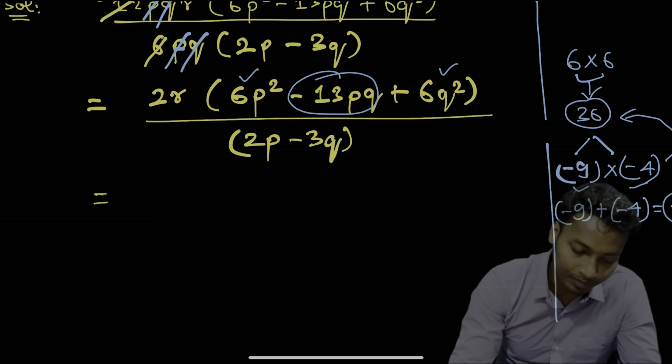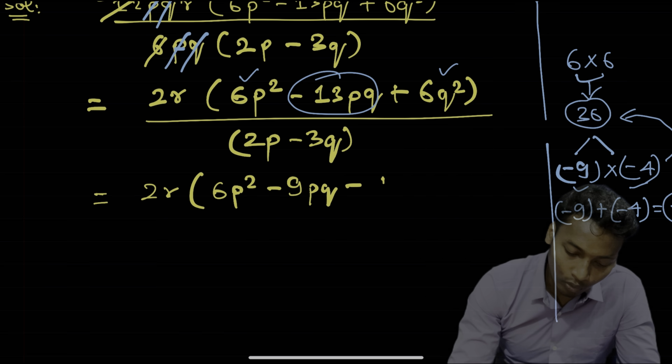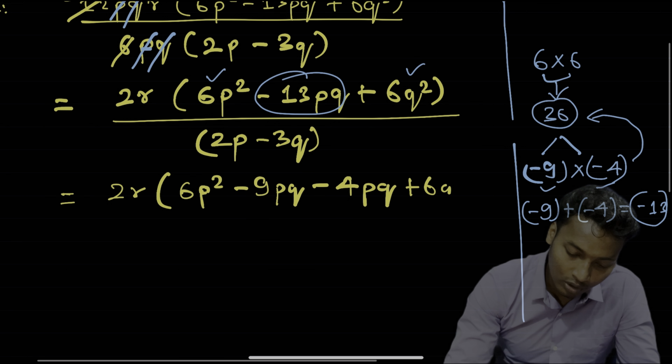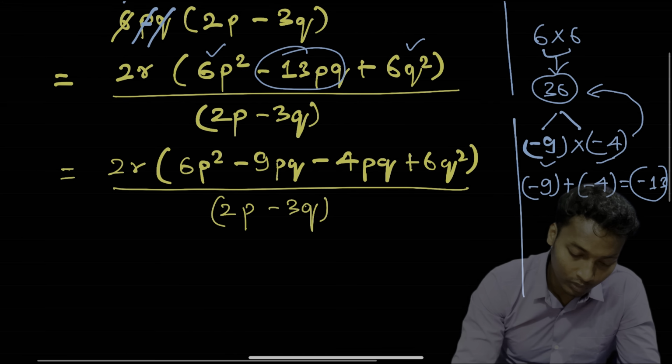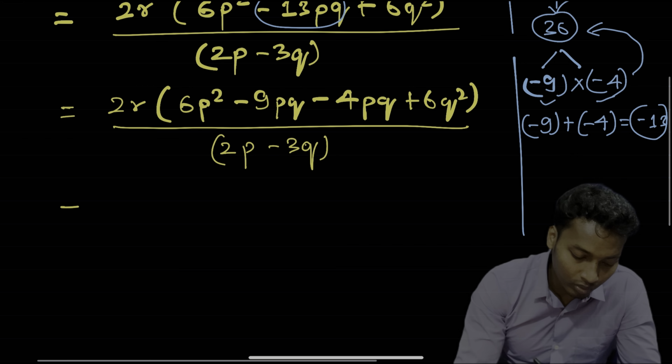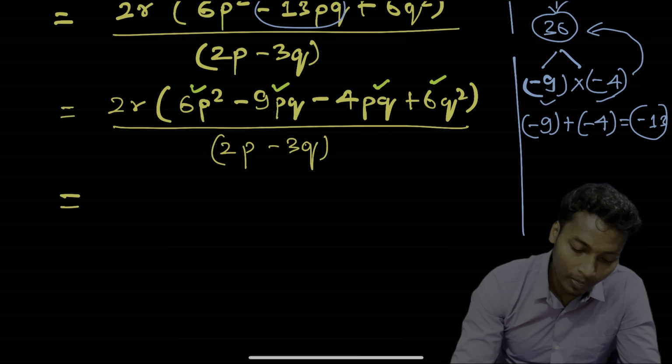Let's split it. So 2r times (6p² - 9pq - 4pq + 6q²) whole divided by (2p - 3q). Now if you watch here, we can take something common in these two terms as well as these two terms.